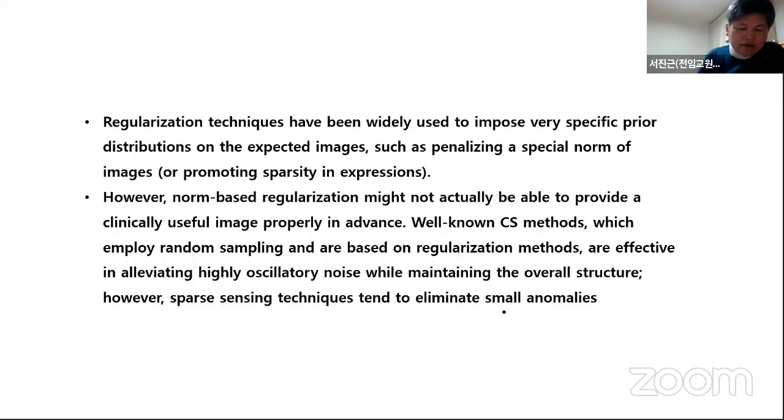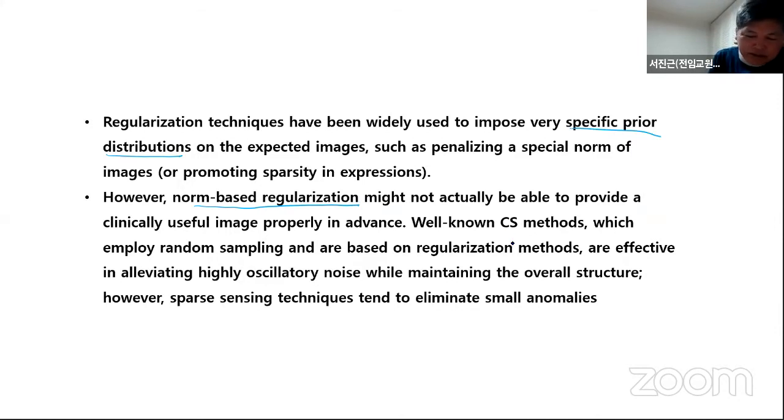Regularization techniques have been widely used to impose various specific prior distributions on the expected image, such as penalizing the spatial norm of the image or promoting sparsity in expression. However, norm-based regularization might not be able to provide clinically useful image properties in advance.